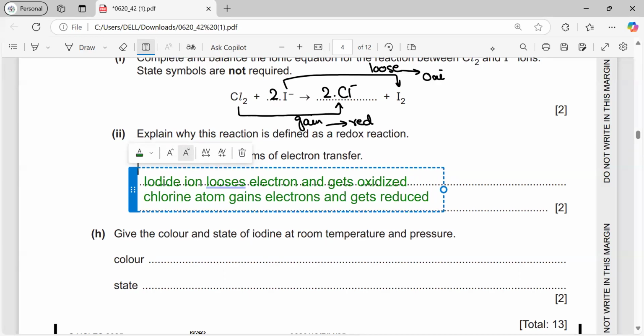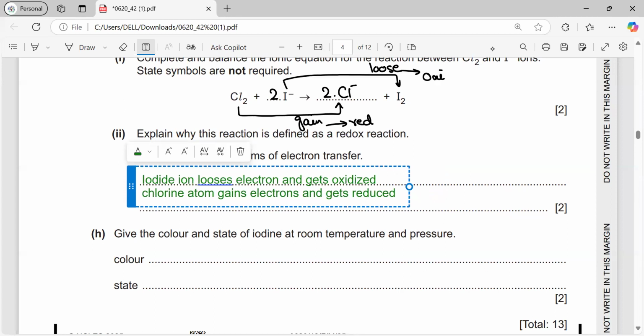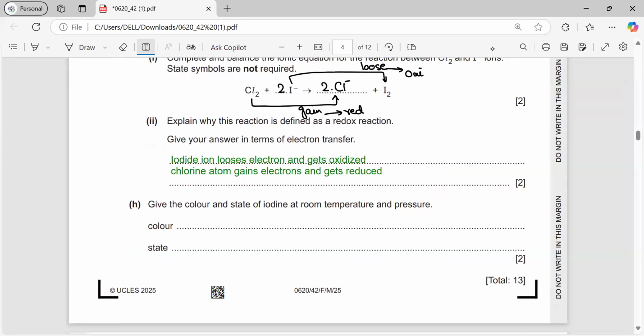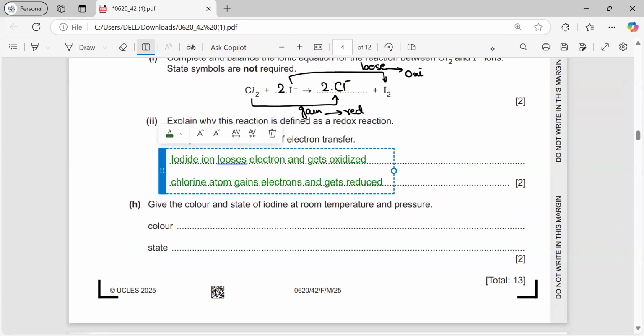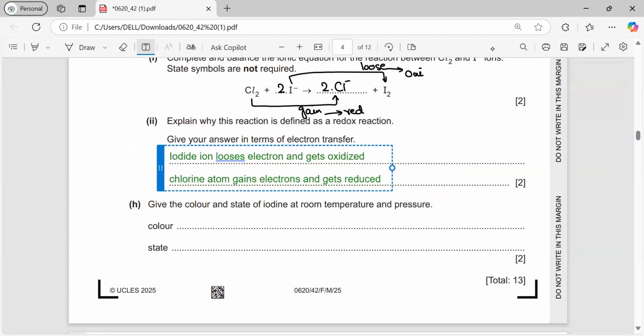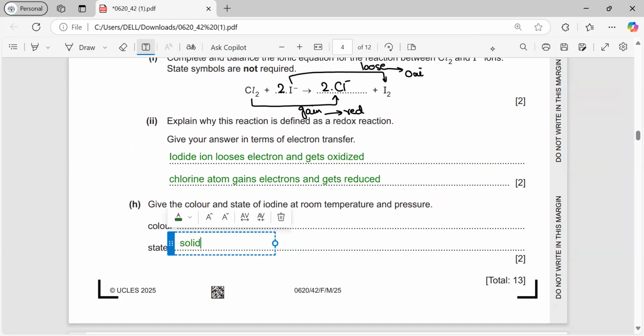So that's why it is a redox reaction. Give the color and state of iodine at room temperature and pressure. Now, iodine state is solid. It's a solid, and the color of iodine is gray-black.